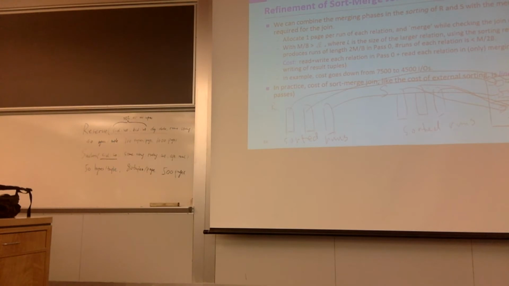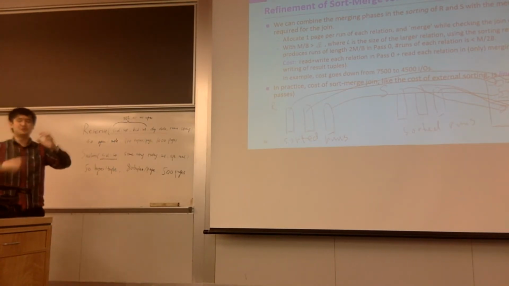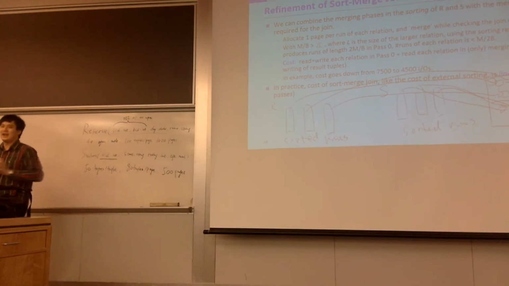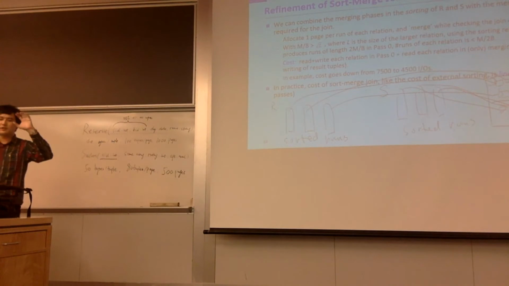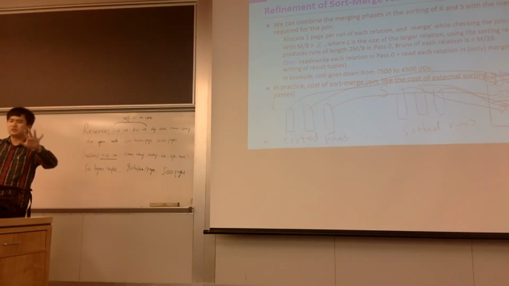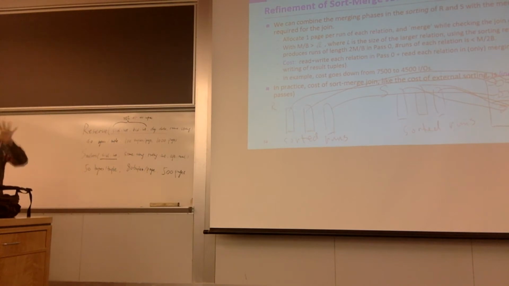Suppose you get a 6, right? Then your pointer just moved to a new tuple of 6 in S. Right? That's the refinement. So basically you combine the last pass of external sorting and the merge phase of sort merge join into one loop.